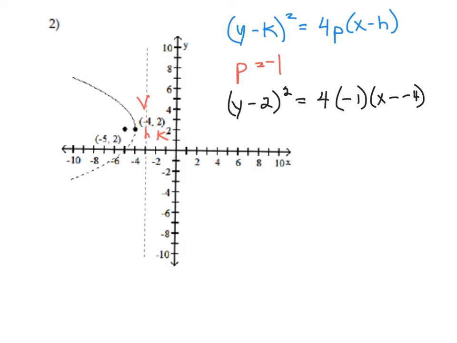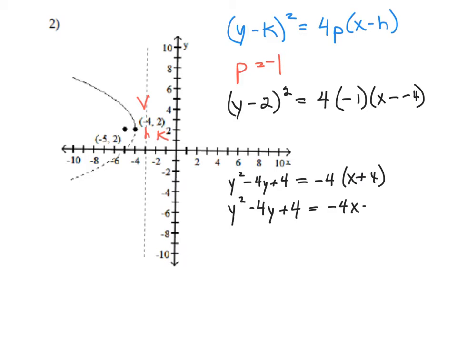So let's go ahead and multiply this out. So I've got y squared minus 4y plus 4 equals -4 multiplied by x plus 4. So y squared minus 4y plus 4 is equal to -4x minus 16.